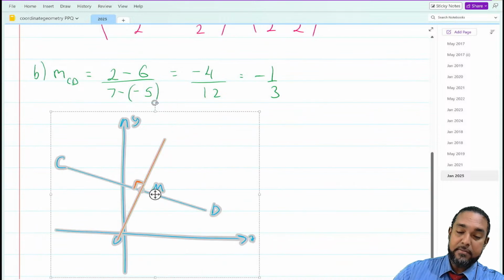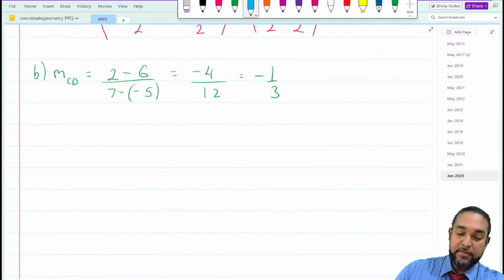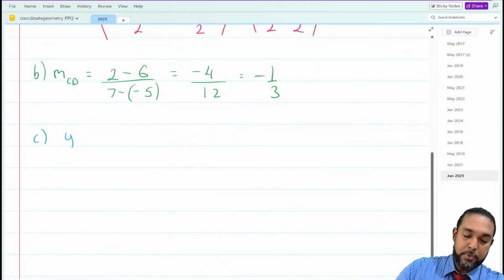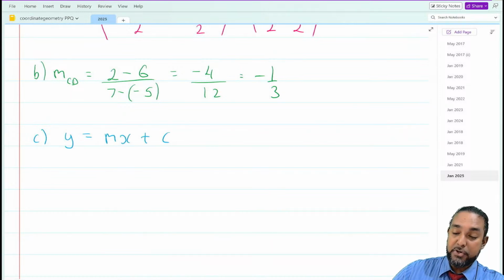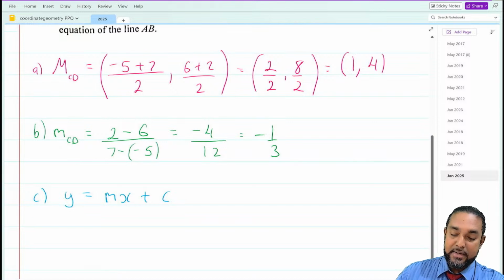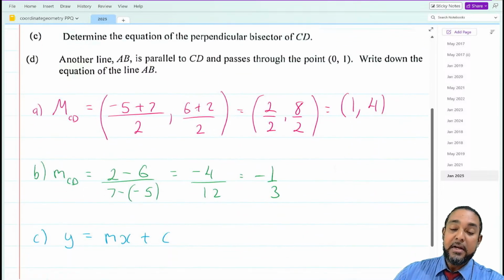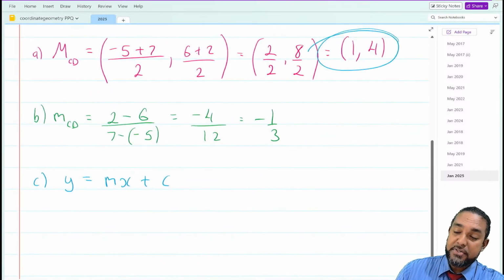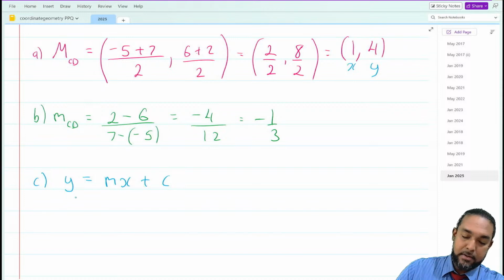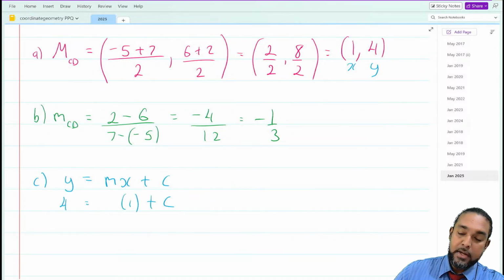That's a straight line, and one of the ways we can give the equation of a straight line is y equals mx plus c, where m is the gradient and c is the y-intercept. Perpendicular bisector means it cuts the line in half, so it has to pass through the midpoint. So we have the x and y coordinates we need: 1 and 4.